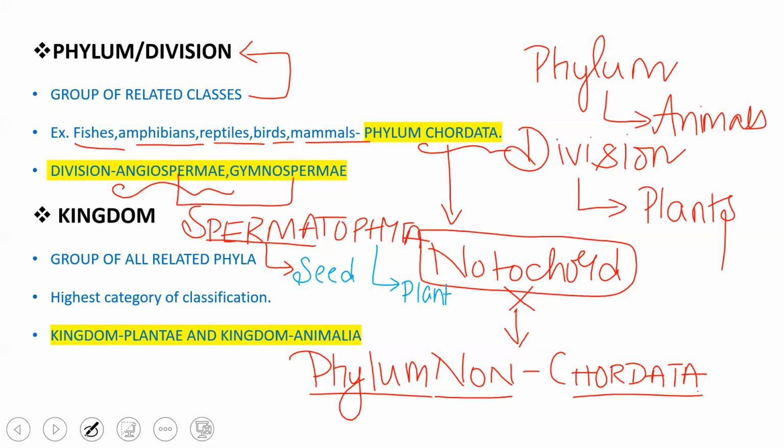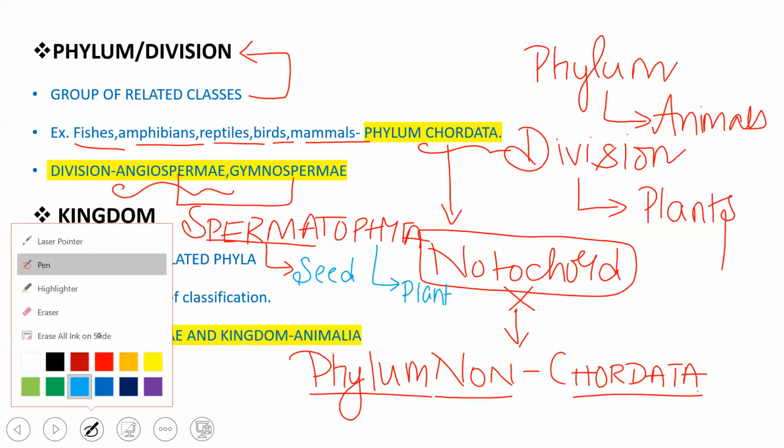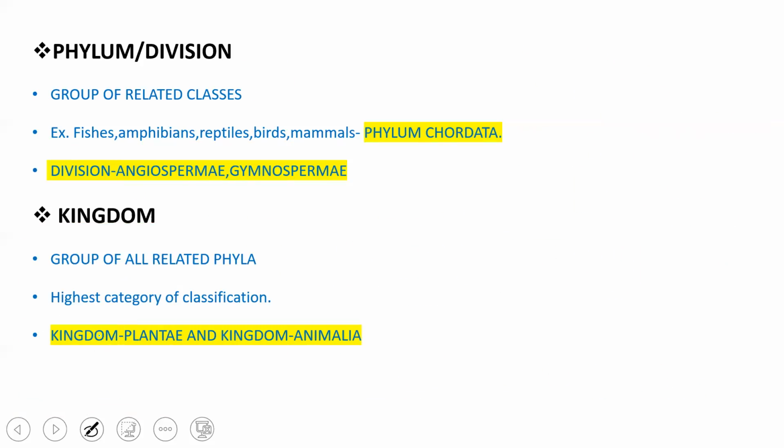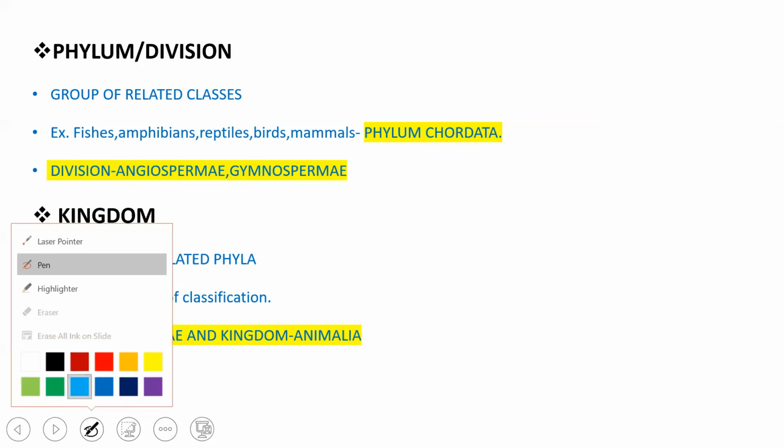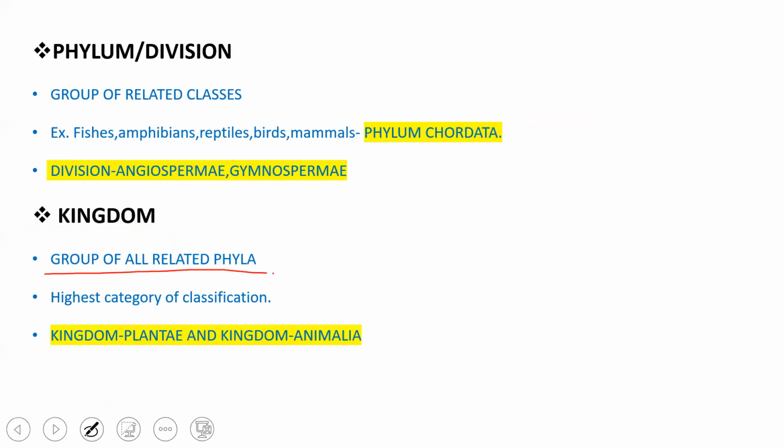Then coming to the last category, which is the highest category of classification or Linnaean hierarchy, that is kingdom. So what exactly is kingdom? Kingdom refers to the group of all related phyla.